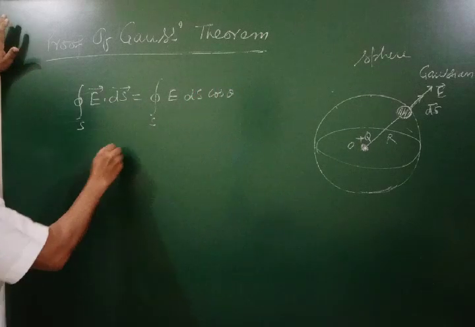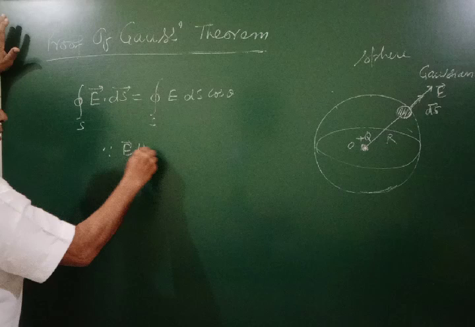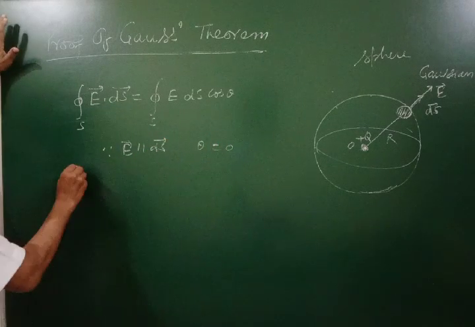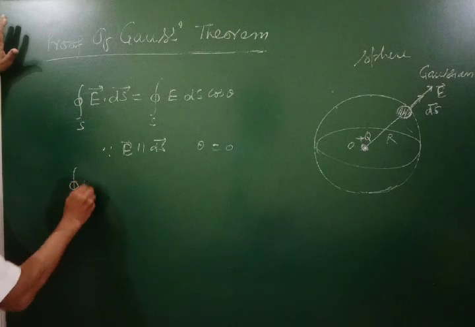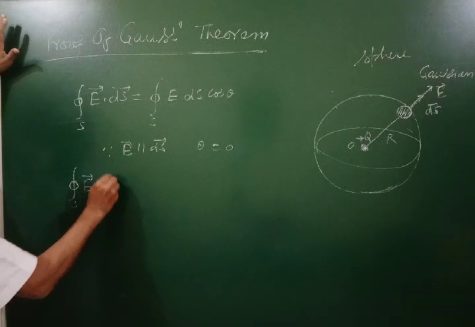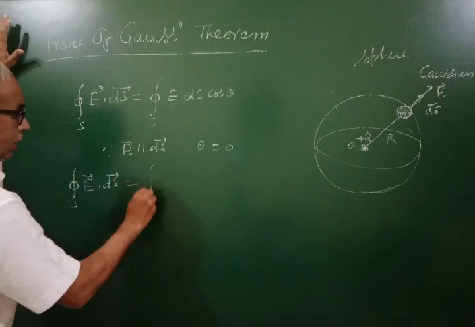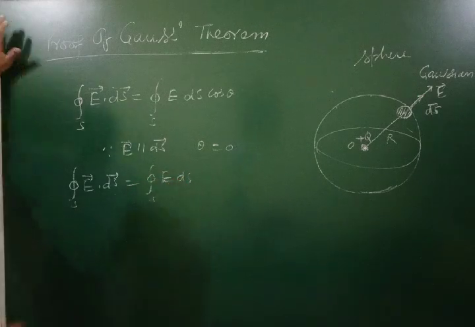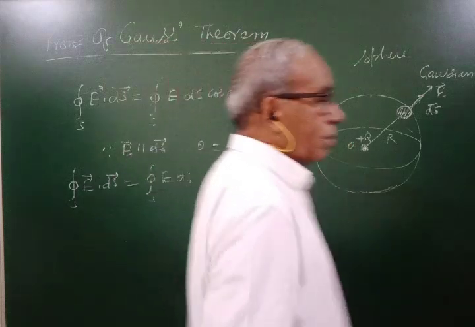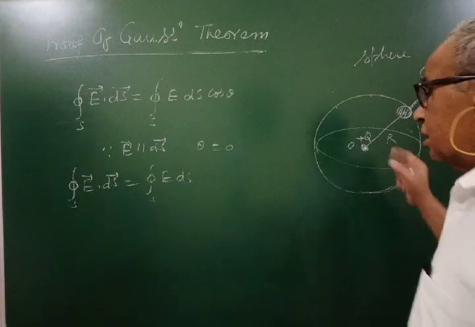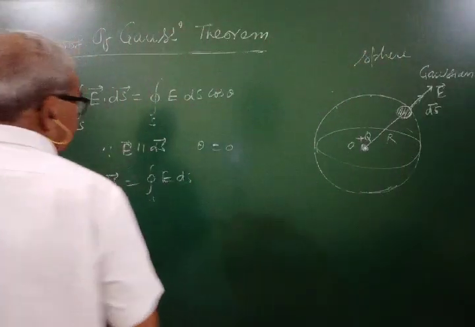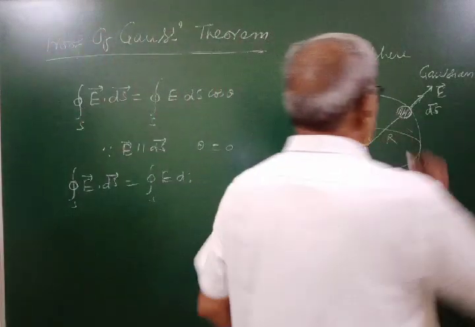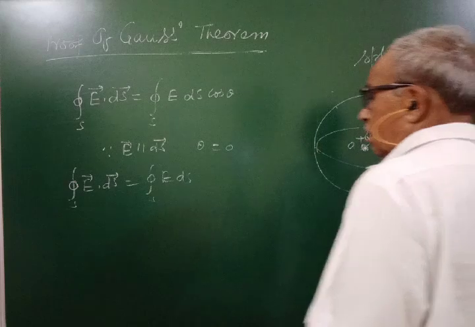Here, since vector E is parallel to ds, theta is equal to 0 and hence integration over S of E dot ds is equal to integration of E ds. What is the electric field produced by the charge Q? What is the electric field at this point P on the surface by charge Q?